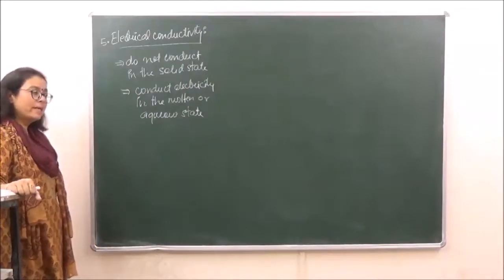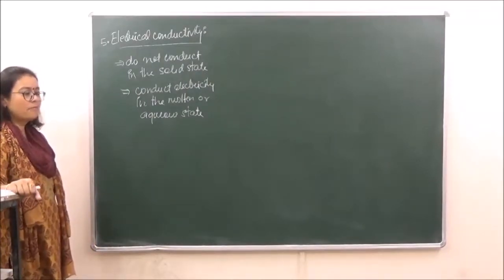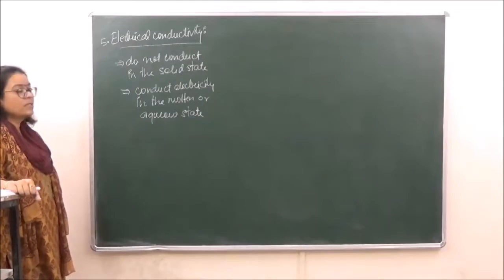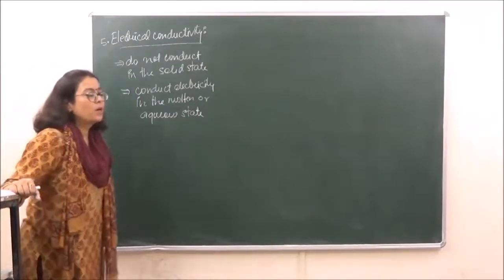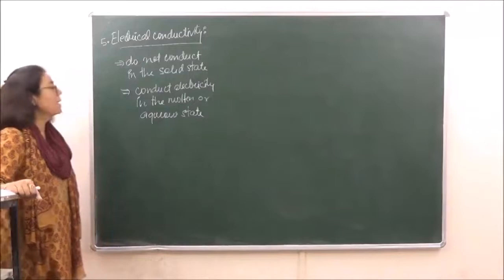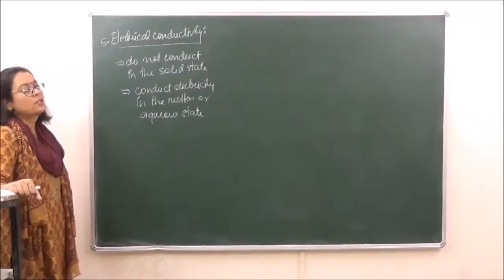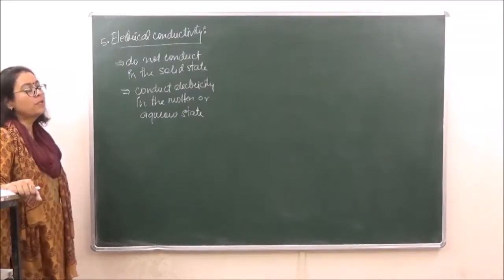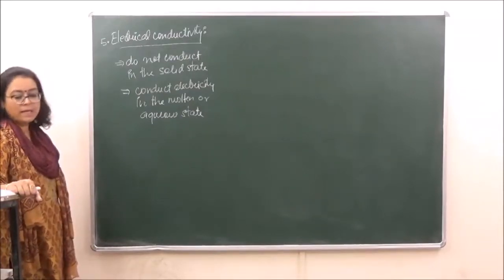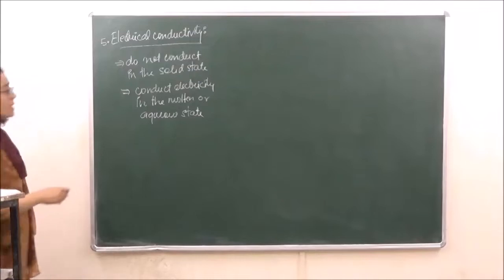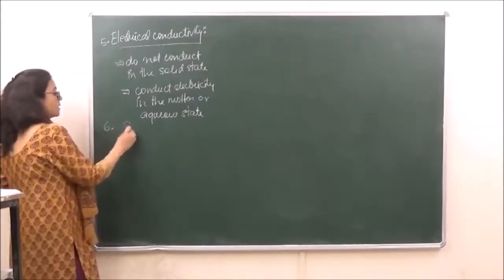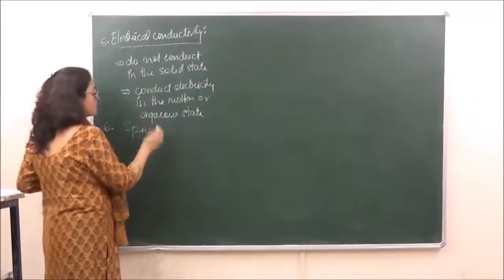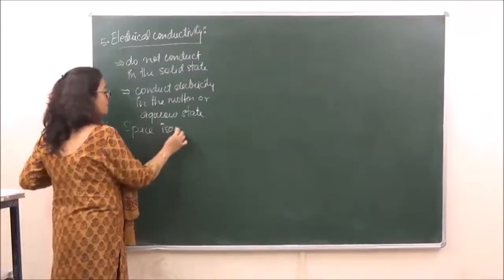When they are melted, the ions become free. Similarly, in the aqueous state, when we put it in water, water pulls apart the ions, they become free, they can move about. As a result, they can conduct electricity, they become electric carriers. ठीक है? समझ आ गया? Okay. फिर उसके बाद sixth, space isomerism.